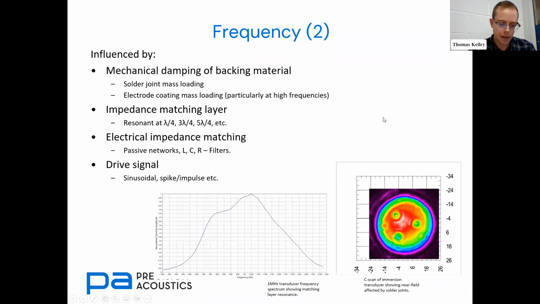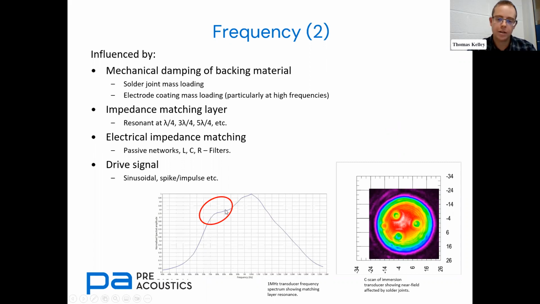So what else? The acoustic impedance matching layer can have its own resonant frequency, which might interact with the resonance of the piezo itself. So this frequency profile for a transducer here, as an example, you can see this second slight resonance peak here at about 800 kilohertz.